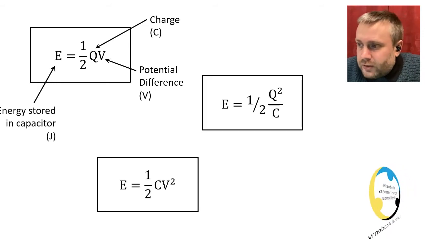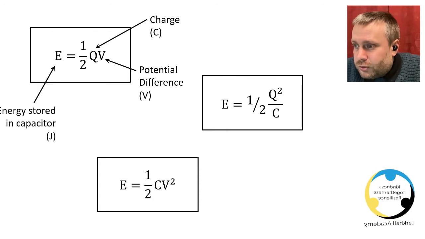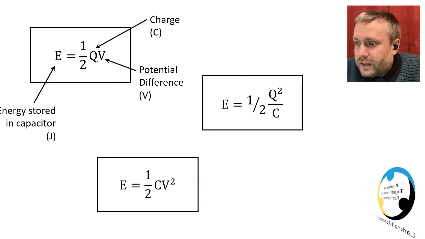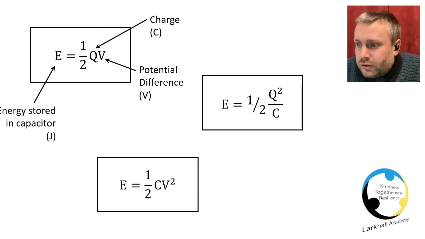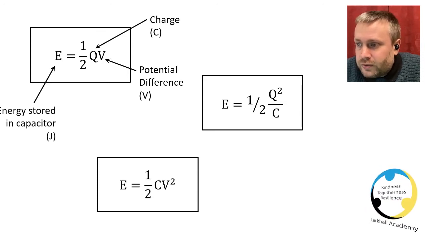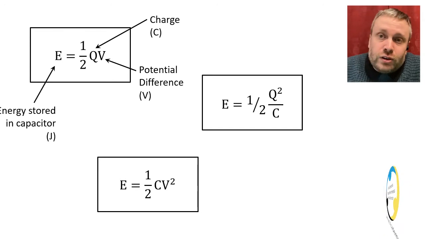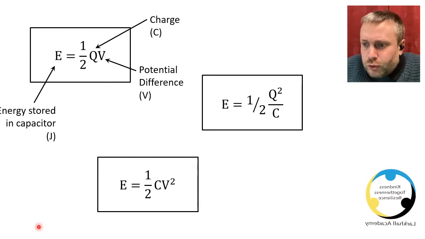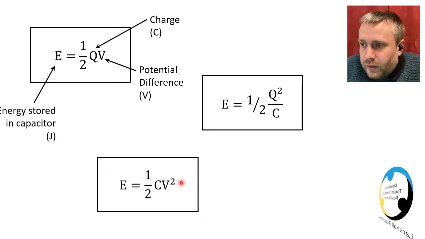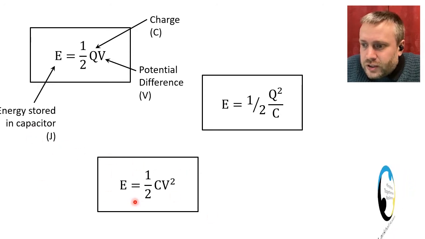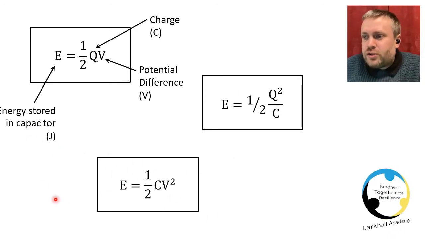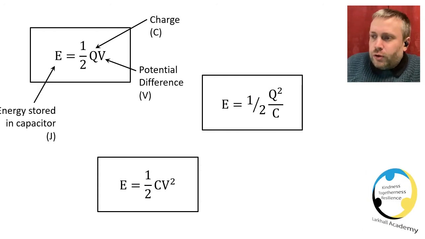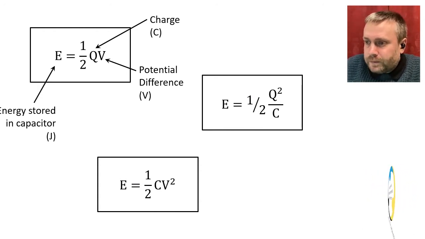We can also come out with this equation here, E is equal to a half Q squared divided by C. C obviously still our capacitance, Q still our charge, V is our potential difference, and E is the energy stored in the capacitor. Now I'm not going to bother showing you which of these are which. I'll let you fill in the blanks, which is energy, which is potential difference, which is charge. I'll let you fill that in when you're doing your own notes.